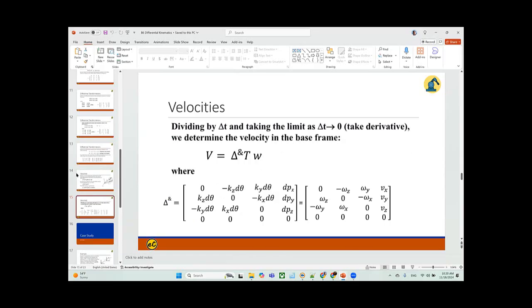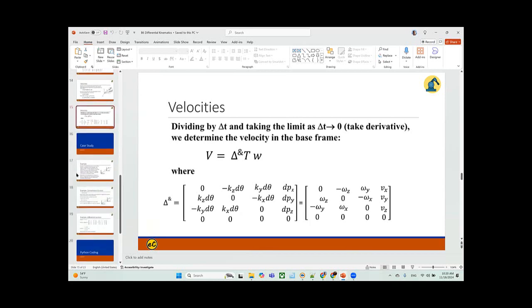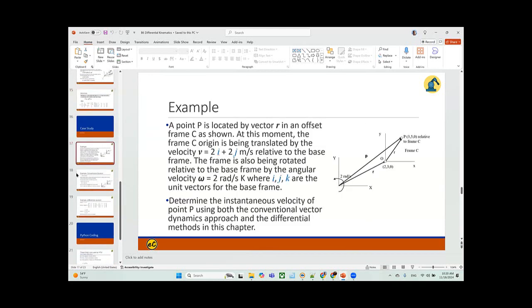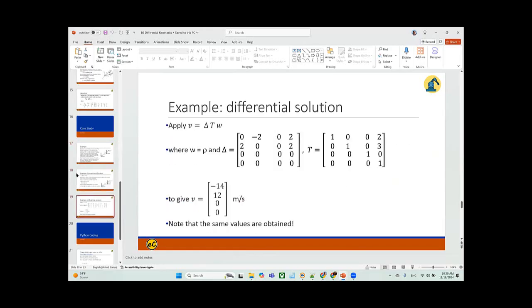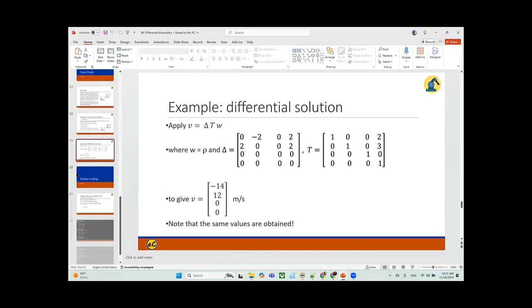And the matrix will become such tables, and then we put that into a case study of originally you're moving in a certain frame, and then your center, your original point, also rotates. Then you will end up with what kind of speed versus your new original point.